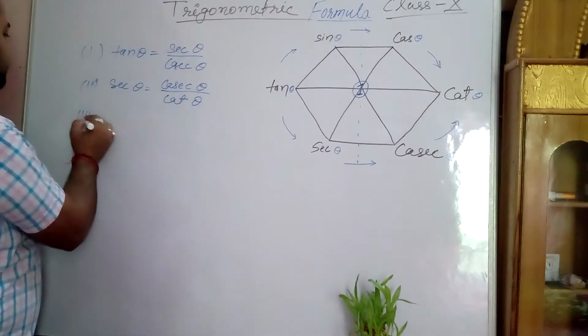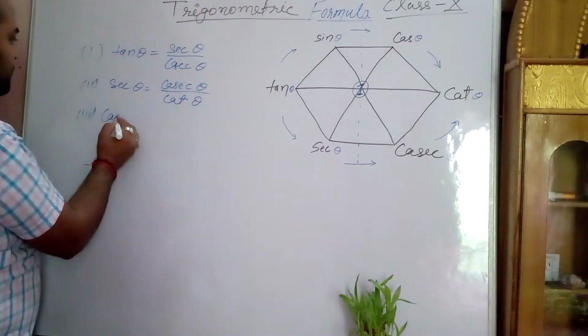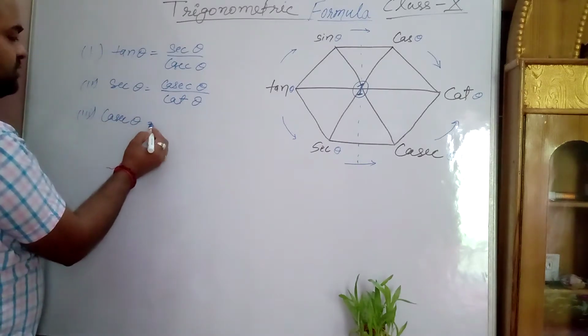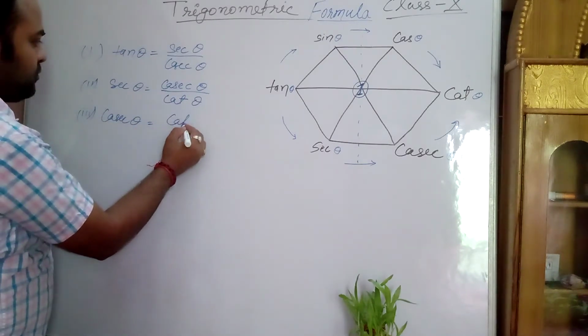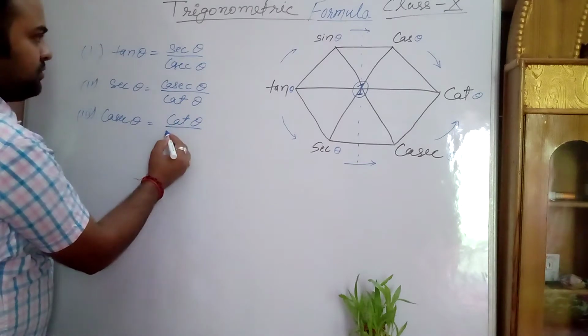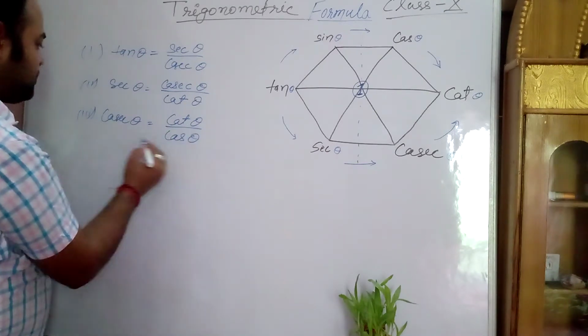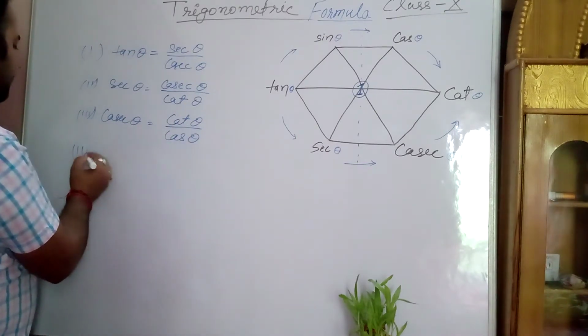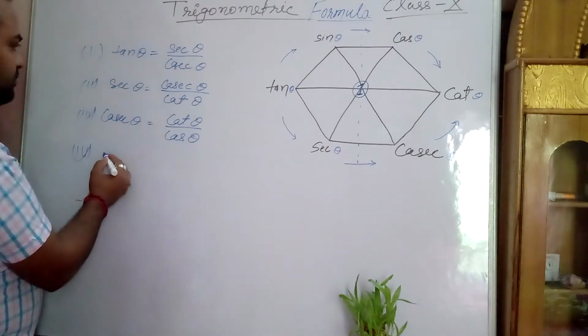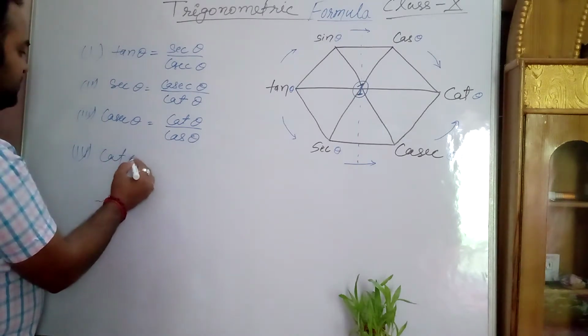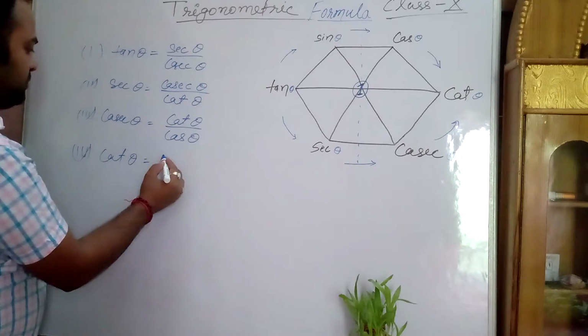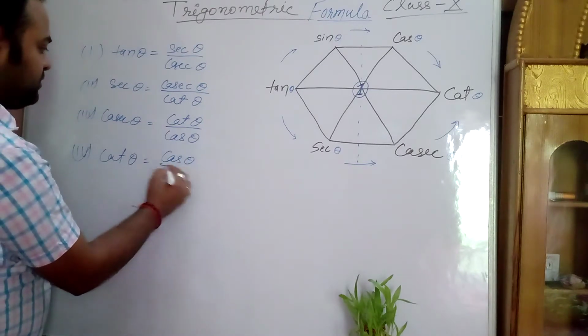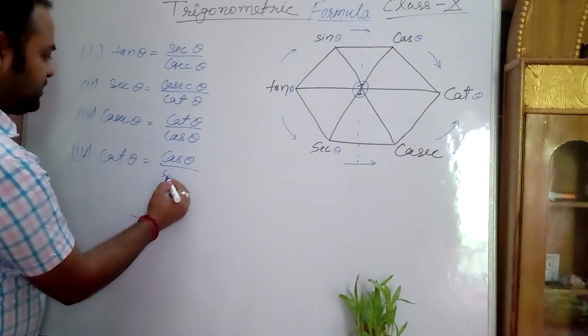Third, cosec theta is equal to cot theta by cos theta. Fourth, cot theta is equal to cos theta by sin theta.